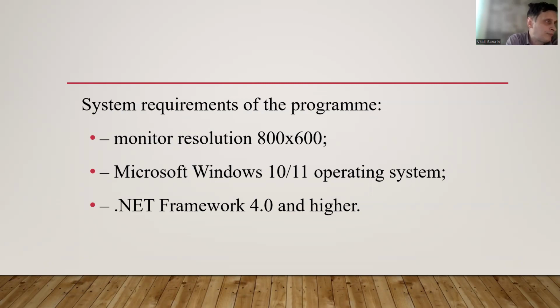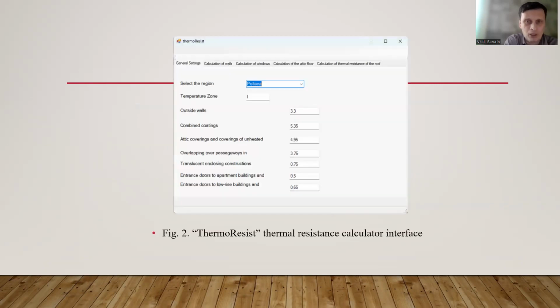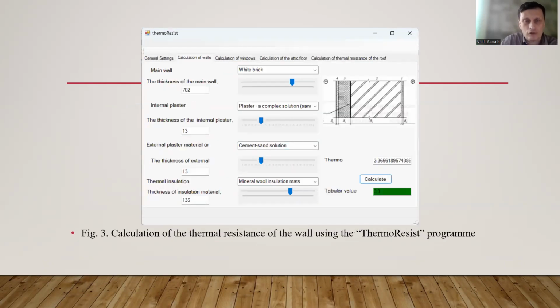The programming language C# was chosen for the implementation of the program. The creation and compilation of the program code was carried out in the Microsoft Visual Studio 2022 development environment. The interface of the ThermoResist thermal calculator is shown in figure 2. Calculation of thermal resistance of the wall using the ThermoResist program is shown in figure 3.